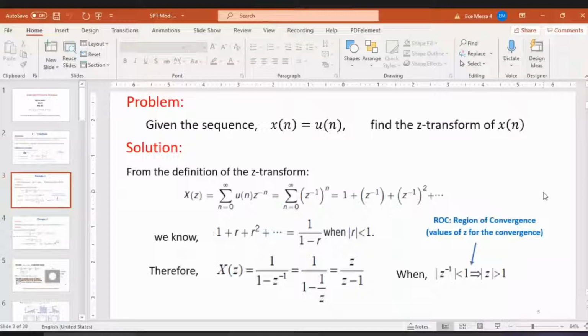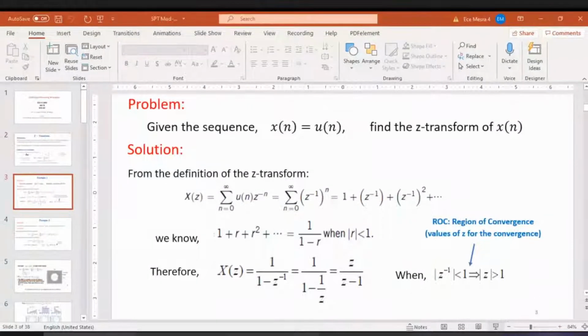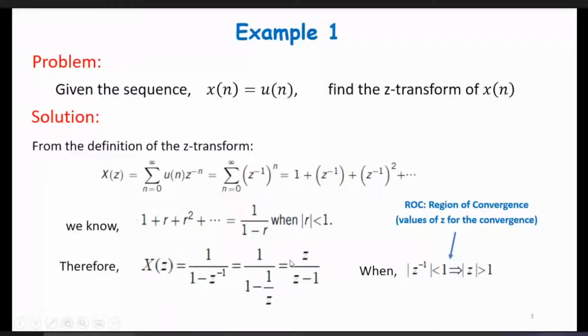Yes, but not only z not equal to 1; if it is minus 1, then it is also finite. So it is not a particular value, it is actually a range of values.